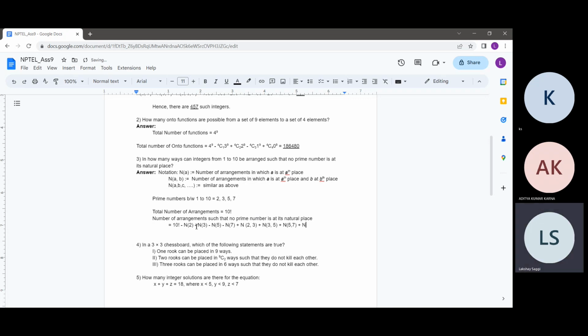Since there are 4C2 ways of finding a pair, there will be 4C2, that is 6, terms. So 2, 3, 3, 5, 5, 7. Then one term will be 2, 5, and it will be 2, 7. And then what term is remaining? 3, 7 is remaining, right?